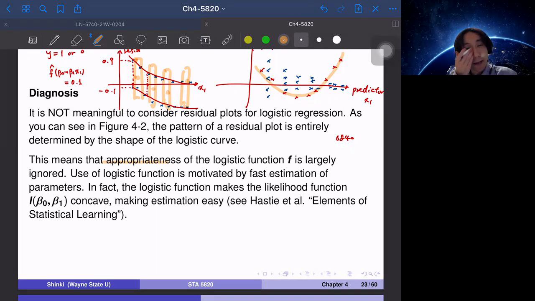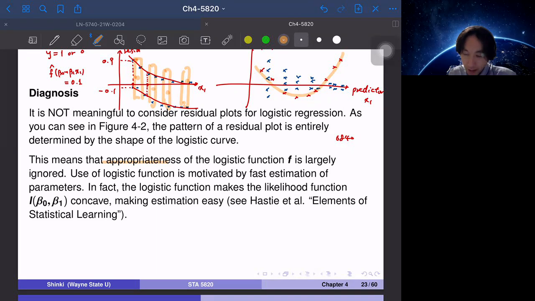I think there are two objectives for diagnosis in logistic regression. One is the appropriateness of the logistic curve. Another is the appropriateness of the model, such as missing predictors. For missing predictors, there are several tests to judge the logistic regression. We just don't cover that in this course.